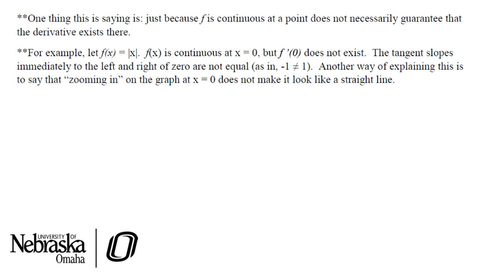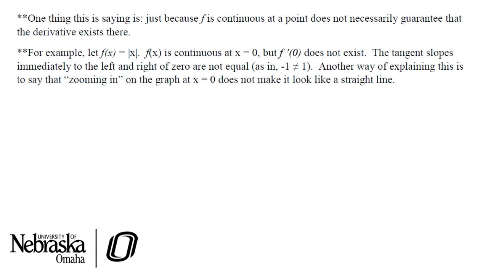For example, like I mentioned before, let f of x equal the absolute value of x. The function is continuous at x equals 0, but the derivative at 0 does not exist. The tangent slopes immediately to the left and to the right of 0 are not equal. The slope to the left is -1, the slope to the right is +1.